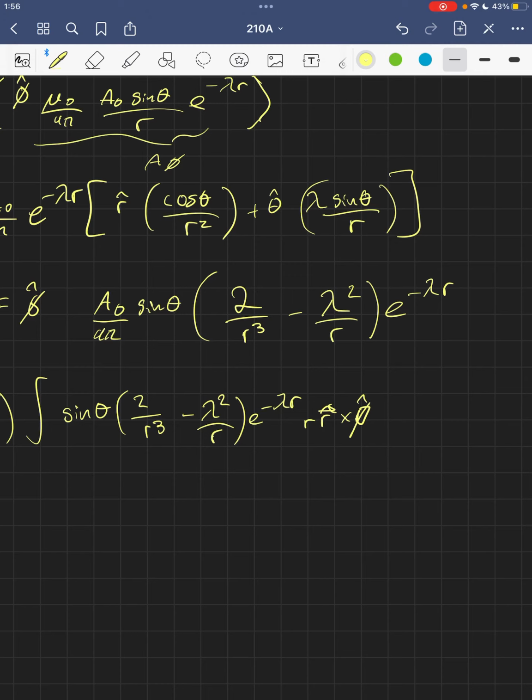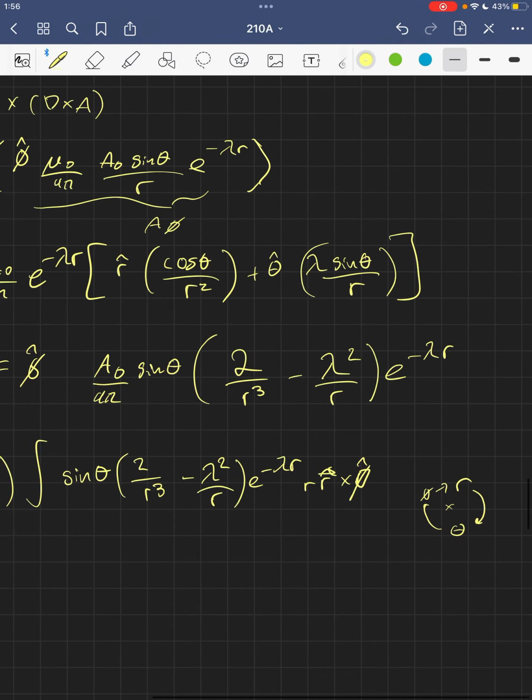And r hat cross phi hat is negative theta hat, right? I think I showed you all, or you should be familiar with this kind of cross product unit vector circle for each of your coordinate systems. So this is saying r crossed with theta equals phi.